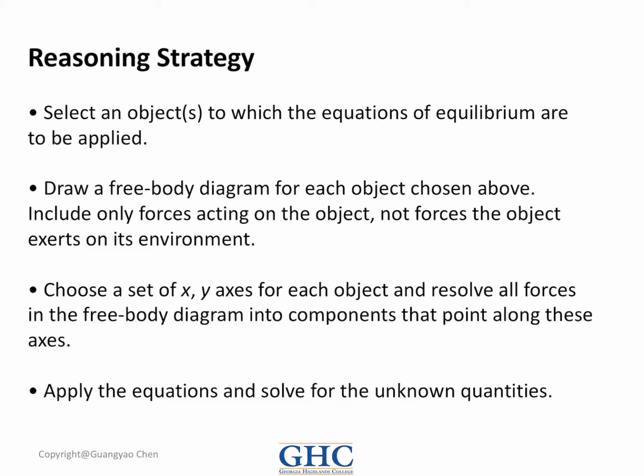First you need to select the object that is in equilibrium. Then you need to draw a free body diagram. You need to know how to draw a free body diagram for the object. Now you only draw a free body diagram for the forces acting on the object.